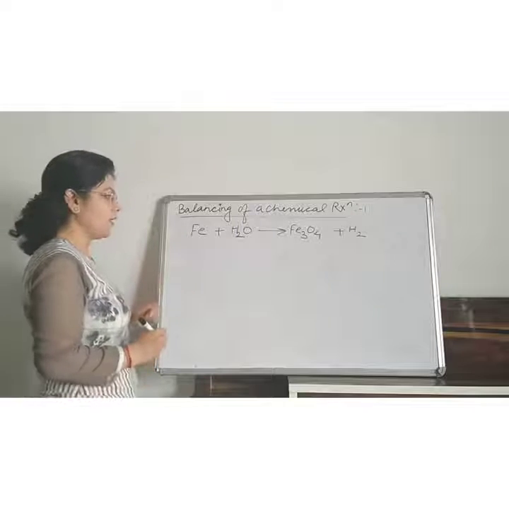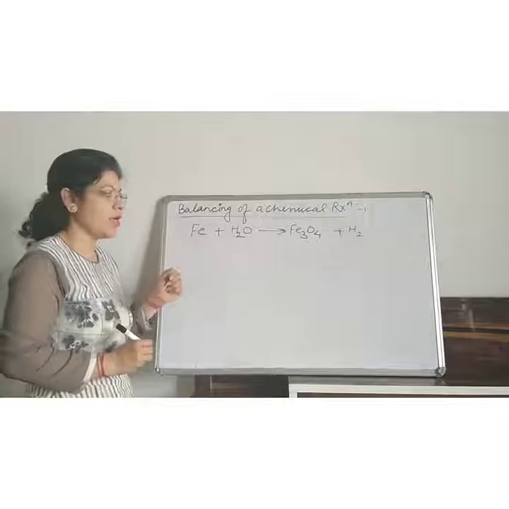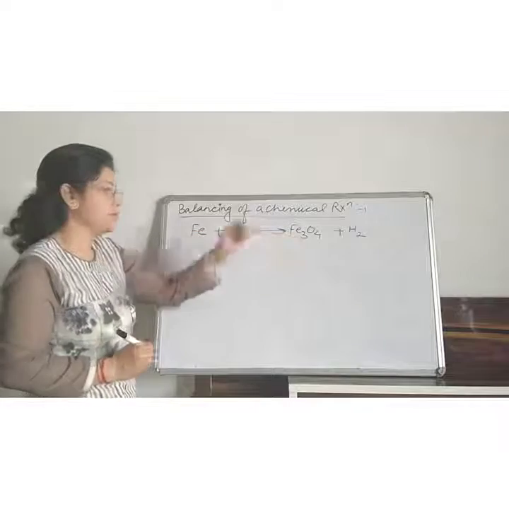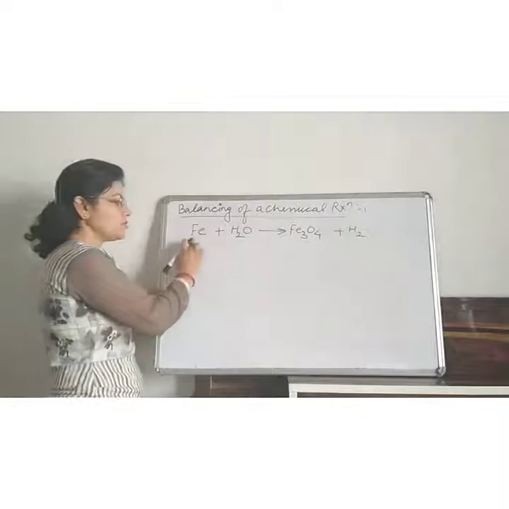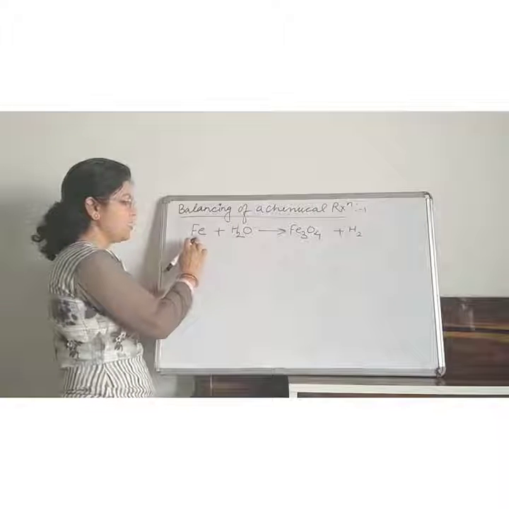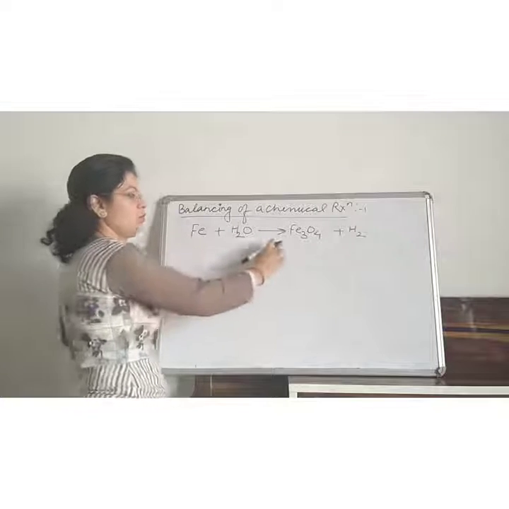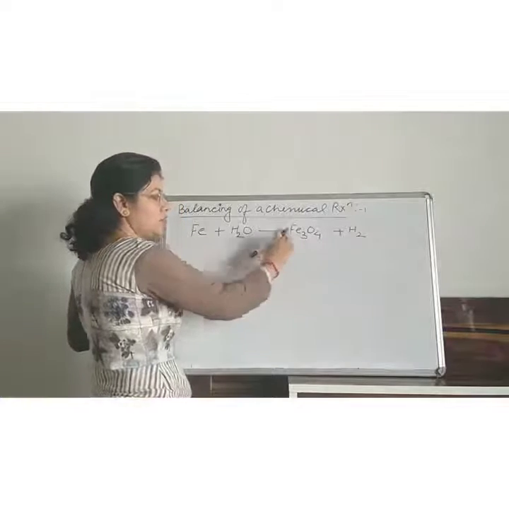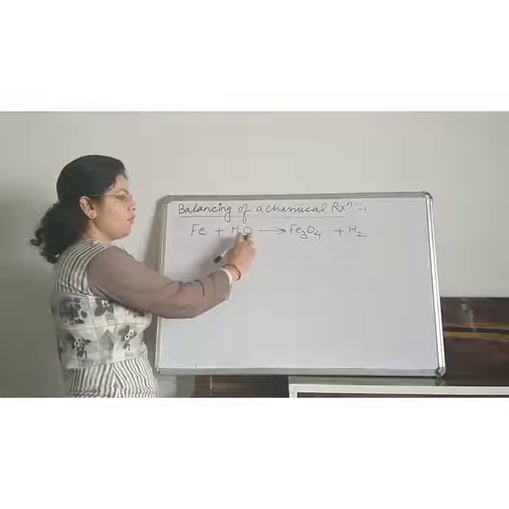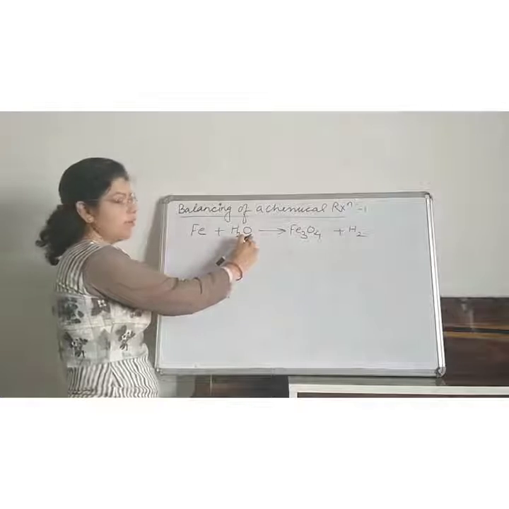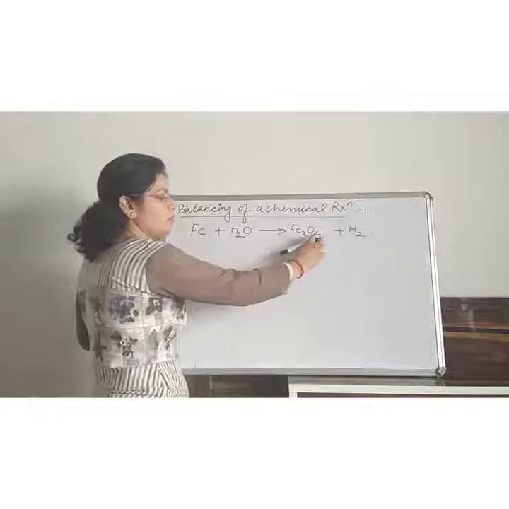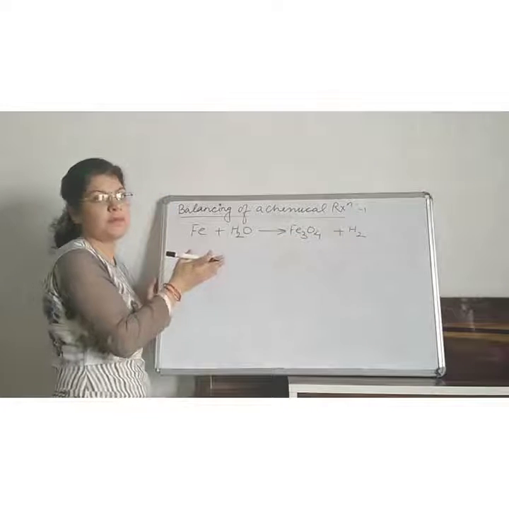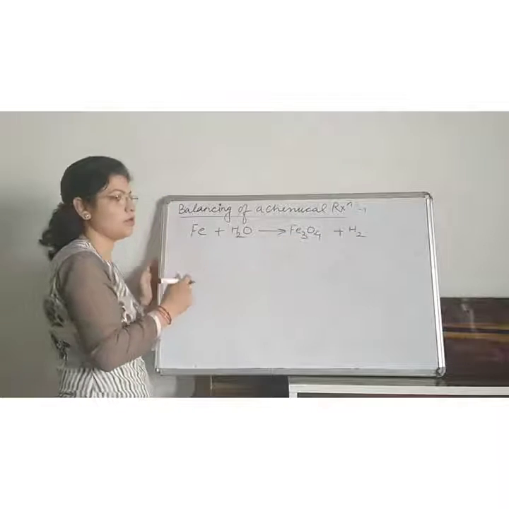See the number of atoms on both sides, the reactant side and the product side. The number of iron atoms on the reactant side is 1, and on the product side the number of iron atoms is 3. Similarly, the number of oxygen atoms on the reactant side is 1 and on the product side is 4. Therefore, it is not a balanced chemical equation.